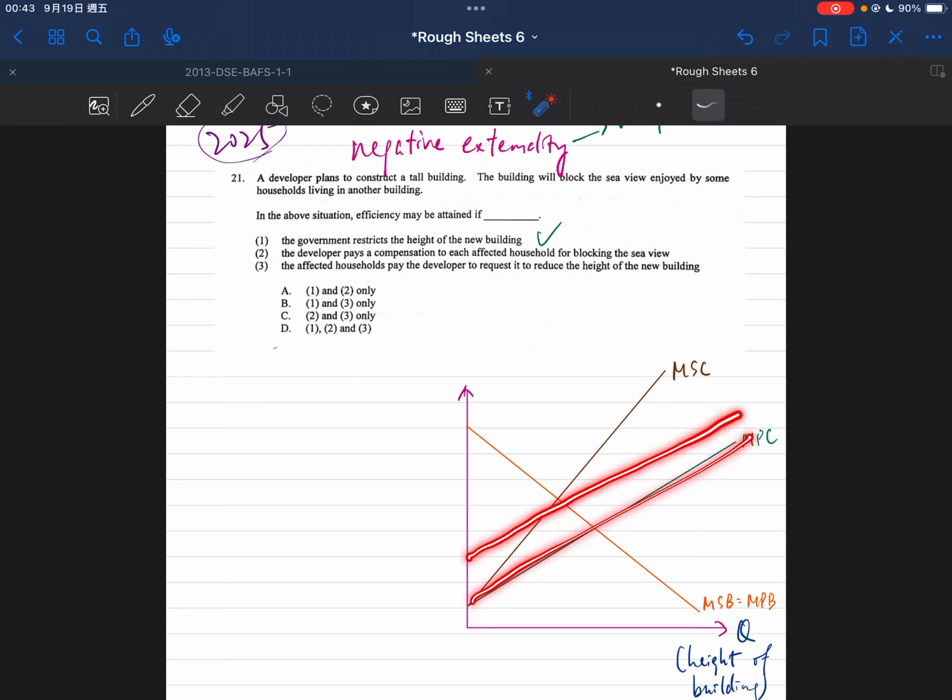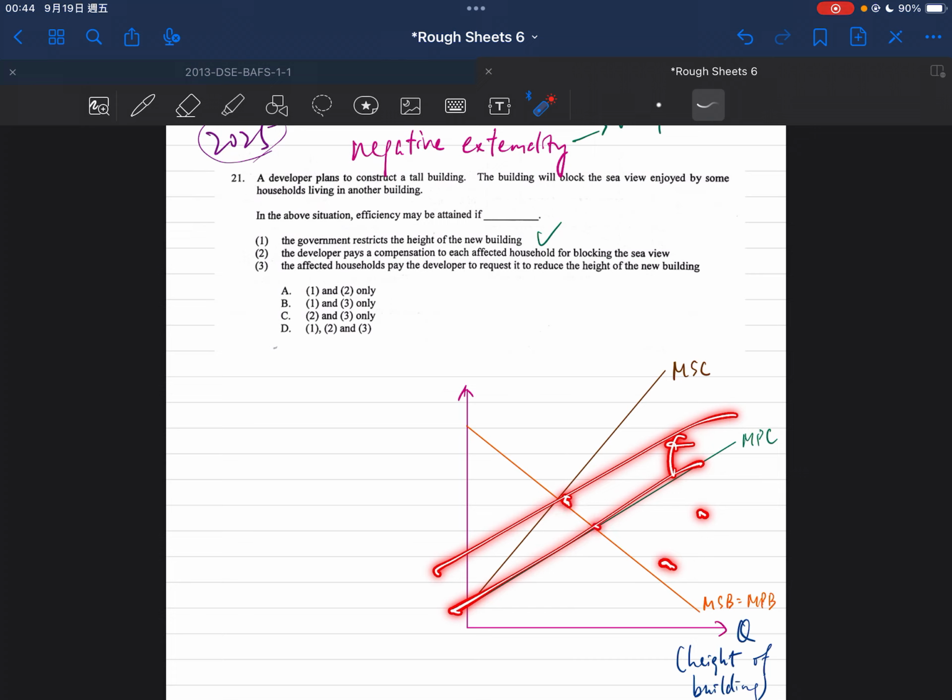So the marginal private cost will increase towards the marginal social cost, and the external cost will decrease, because if its private cost has increased, it will decrease the height of the building. So it also decreases the external cost, affecting the nearby residents less.